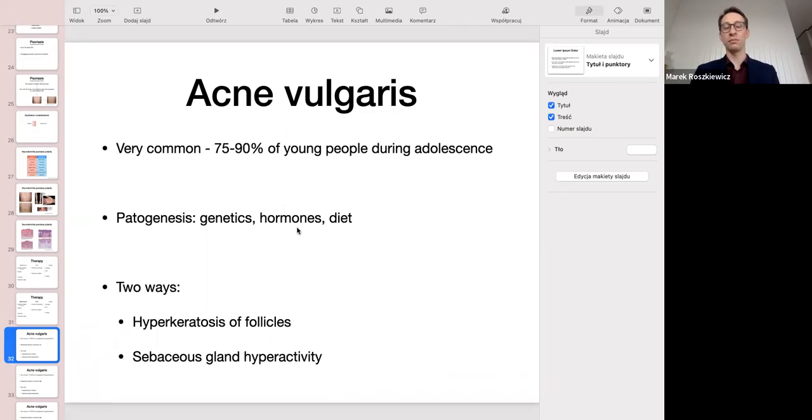In acne, the most important is, again, the diet. Of course, the hormones and the adolescence period are very important too, but usually acne occurs for 3 to 4 years and then goes away.